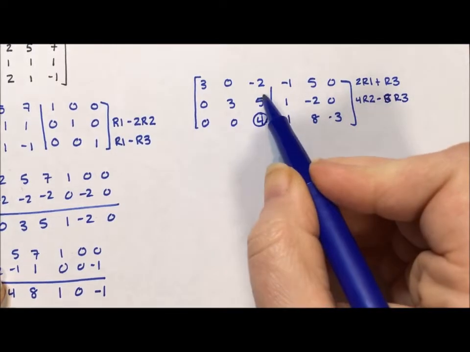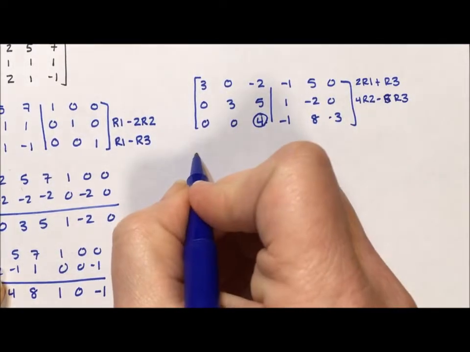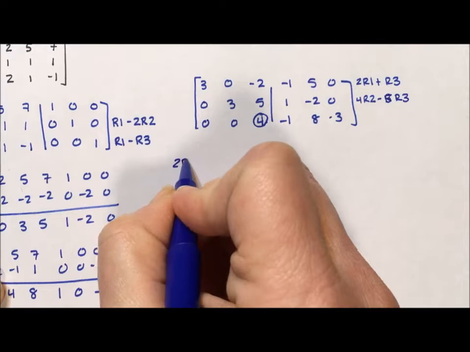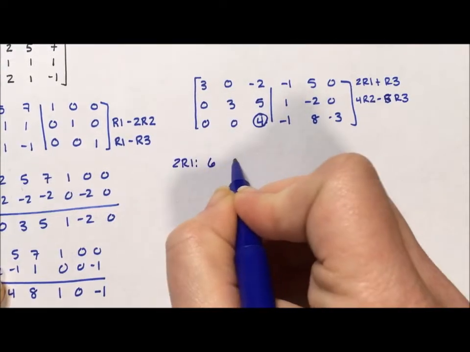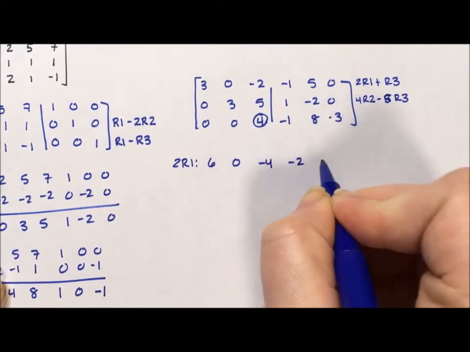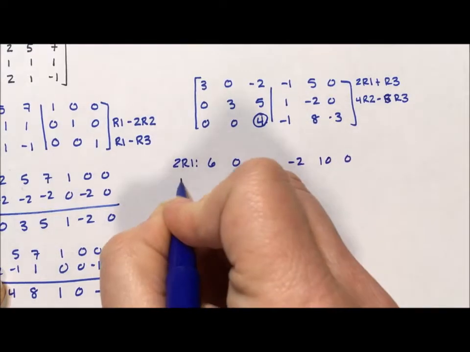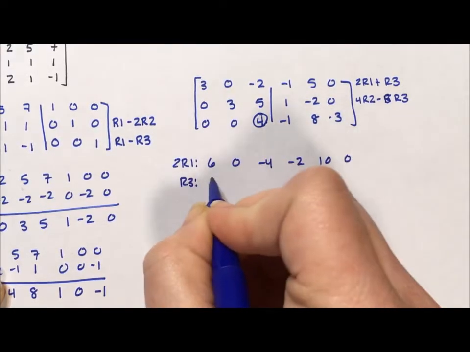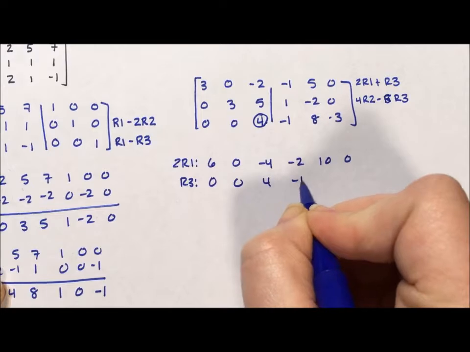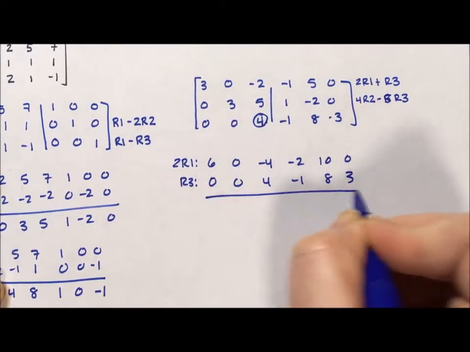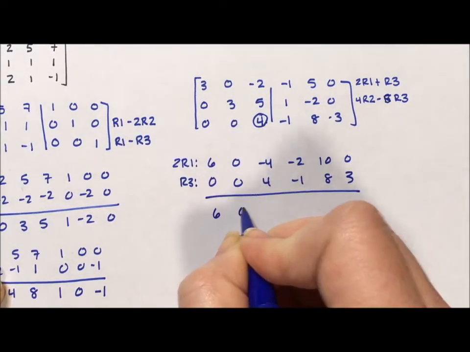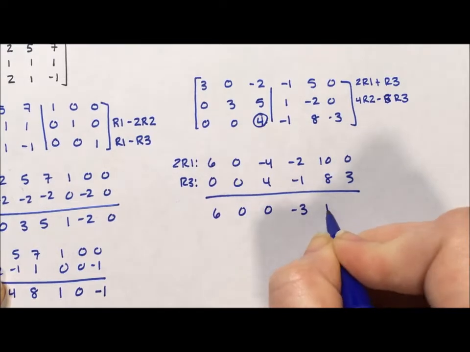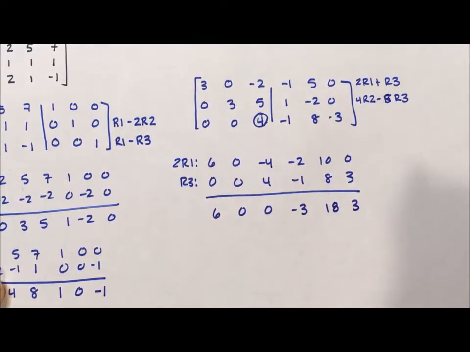So I brought the 4 up and the 5 down. So 2 times row 1 is going to be 6, 0, negative 4, negative 2, 10, 0. Row 3 is 0, 0, 4, negative 1, 8, 3. And when I add down, I get 6, 0, 0, negative 3, 18, 3.